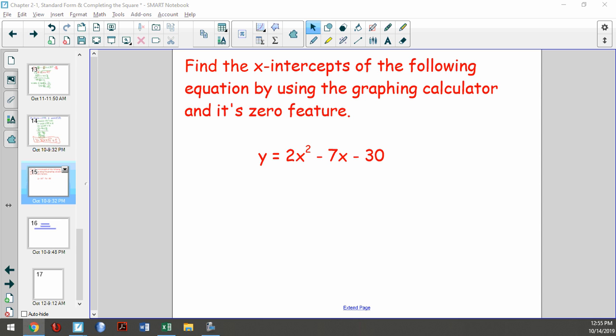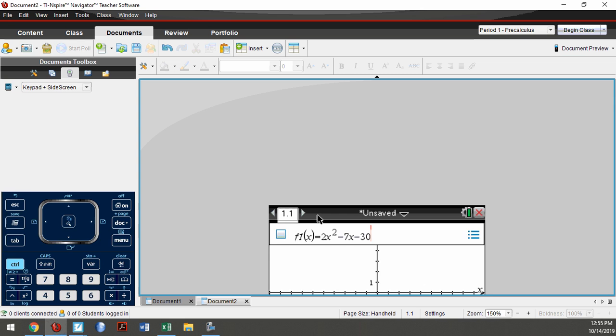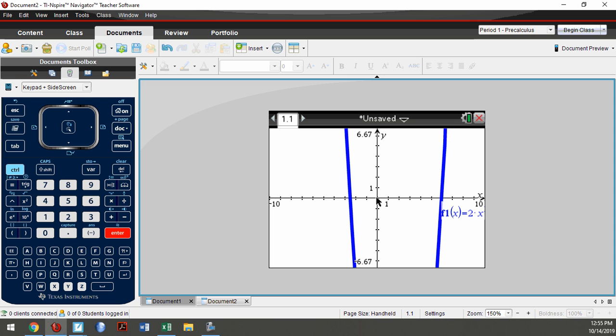Good job, class. So once you get a new document up and you want a graphs page, and you've typed that in, that is going to be 2x squared minus 7x minus 30. And I'm going to hit enter. All I want are your x-intercepts.